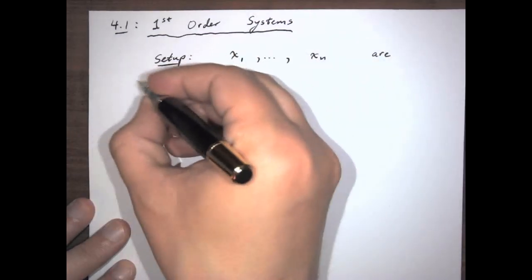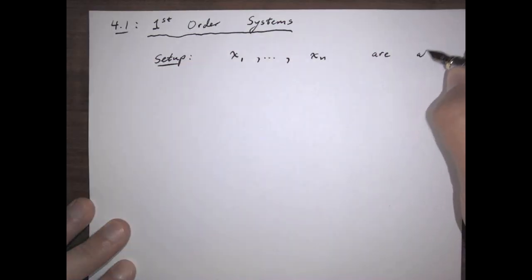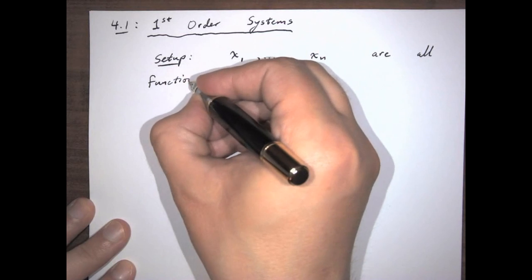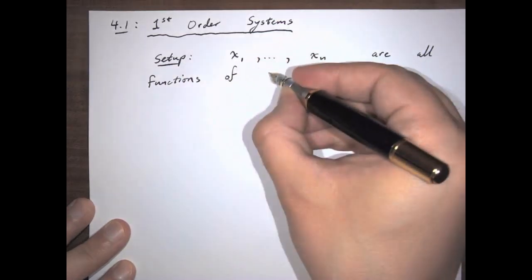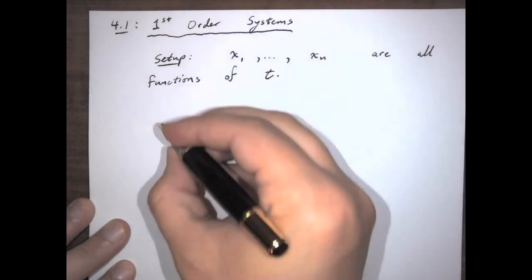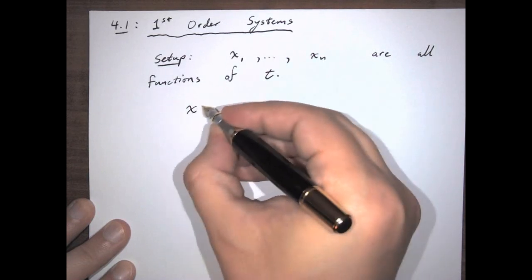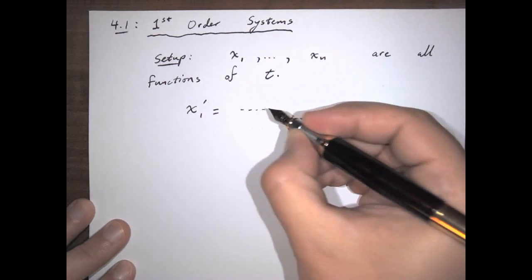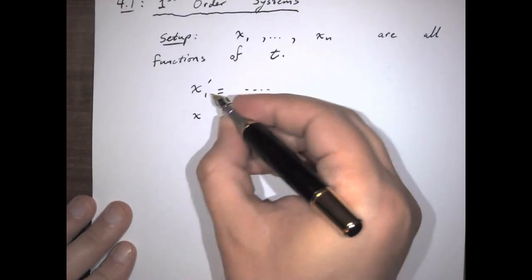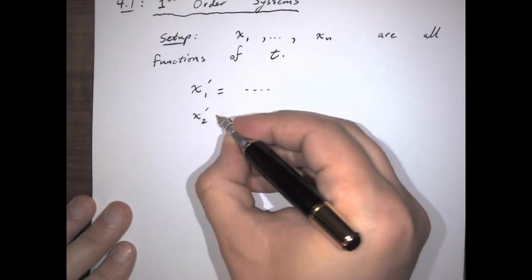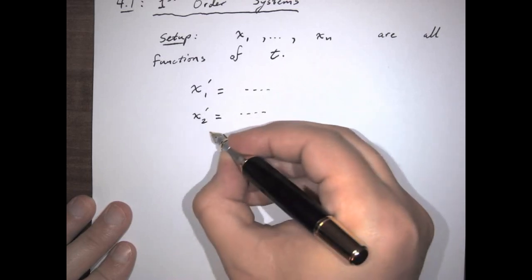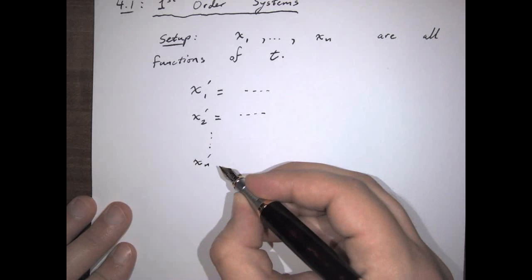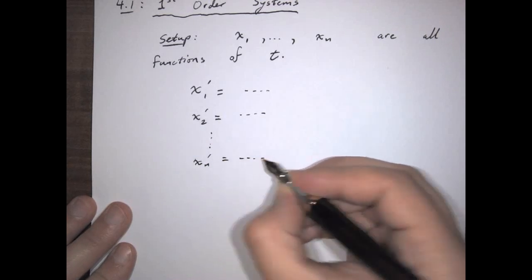So these are all functions of t. And furthermore, we have a system of equations. X1 prime equals something. X2 prime also equals something. On down the line until we get to xn prime, which also equals something.